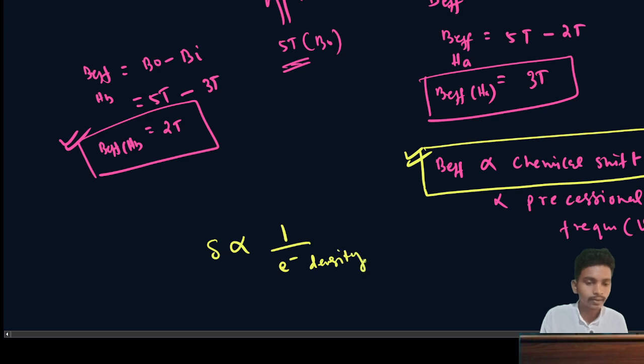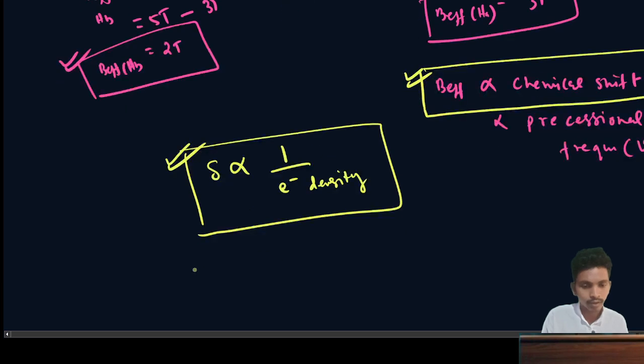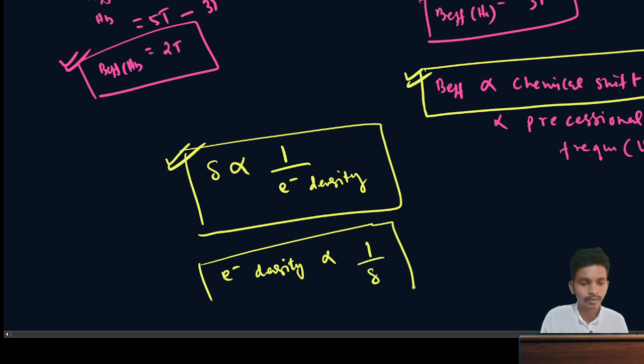So if the electron density in an atom is high, then the chemical shift value will decrease. Electron density is indirectly proportional to the chemical shift.